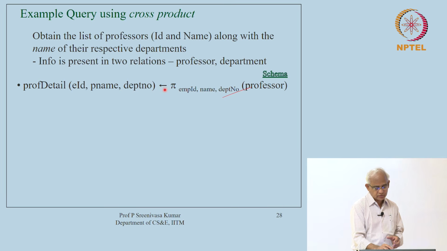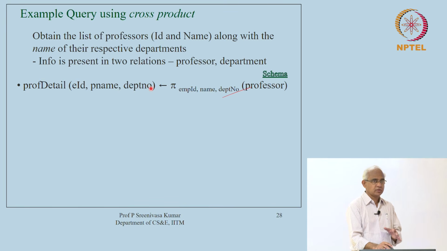This operator can be thought of as an assignment operator. An assignment operator in my view should always be asymmetric, not looking symmetric like equal to. So, I use this arrow to say that this result will be assigned to this new relation, and in the process the attributes will be renamed as these attributes.